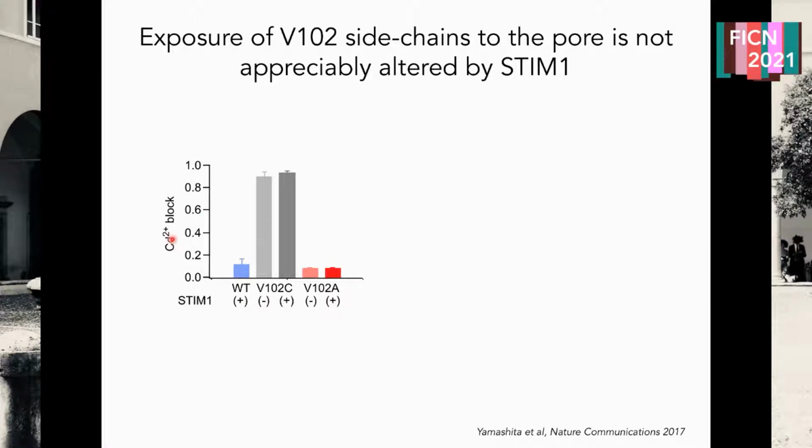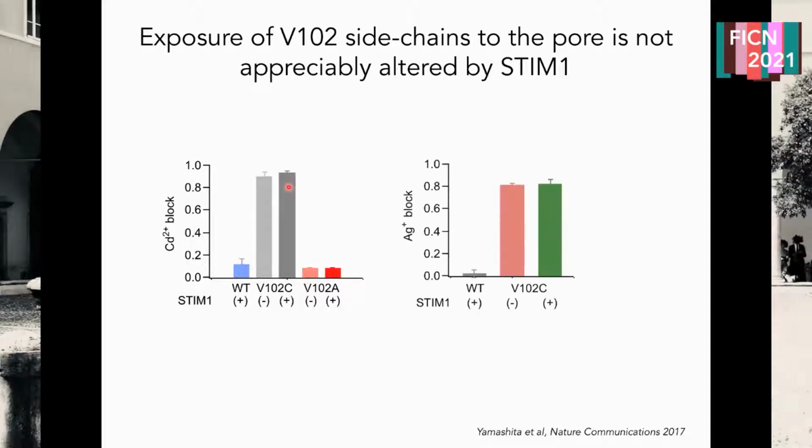Cadmium can be coordinated by cysteines and it would block ion conduction. What we found is that whether the channel was bound to STIM1, which is its natural ligand, or unbound to STIM1, there was basically no change in the accessibility. It was equally accessible in both what would be closed and open channels. We were puzzled by this, so we tested other thiol reagents like silver, and got exactly the same result.